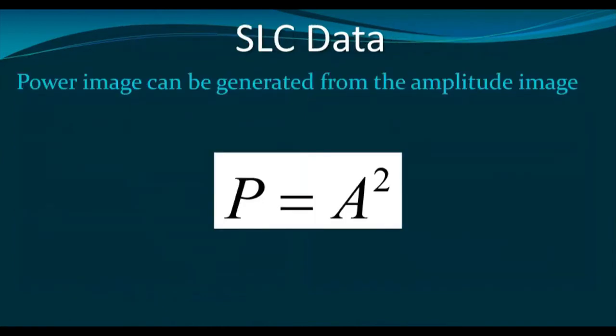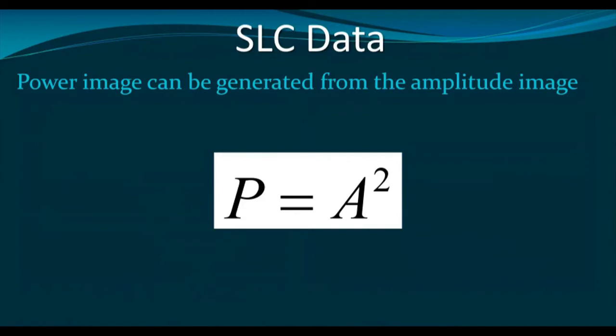Now we can also generate a power image with this simple formula. Power image is equal to amplitude image squared. So this is another formula that we use. However, power images are generally not used in most cases.